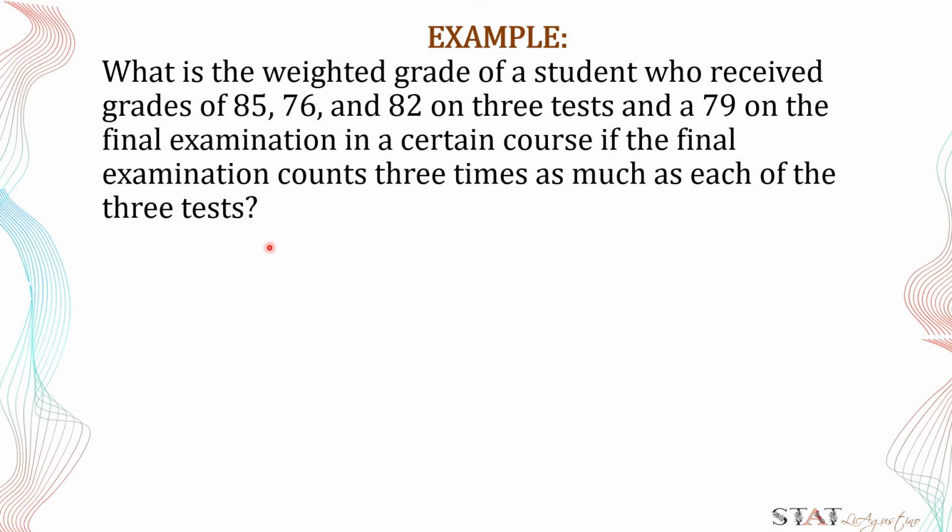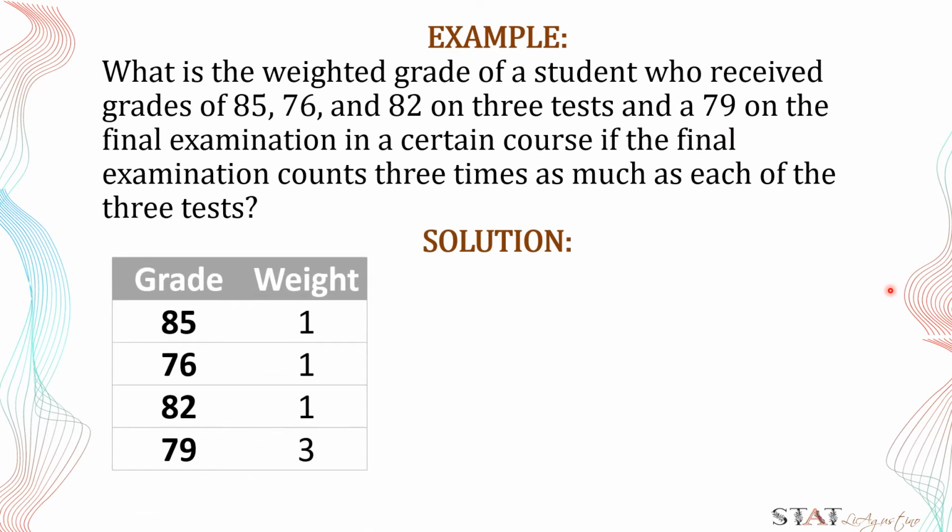So by this problem, the final examination counts 3 times more than each test. So the weight for this is 1, for this is 1, for this is 1, and for this one the weight is 3. So 85 has weight 1, 76 is 1, 82 is 1, and 79 is 3.